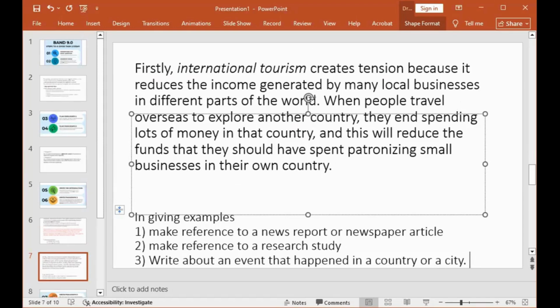A lot of people can refer to a lot of people living in a city, a lot of people living in a country, or a lot of people involved in a research study. And usually, if it's a news report or a newspaper article, then a lot of people must have seen that newspaper article or that news report.